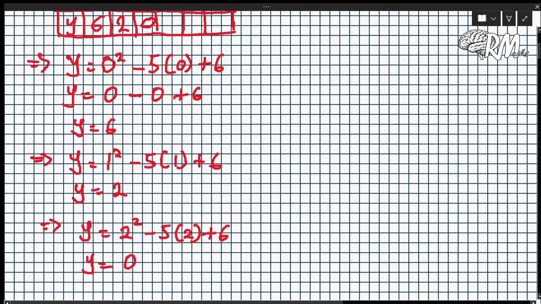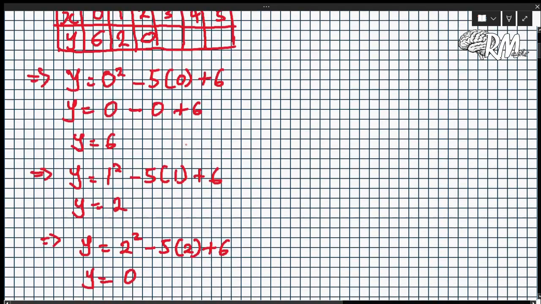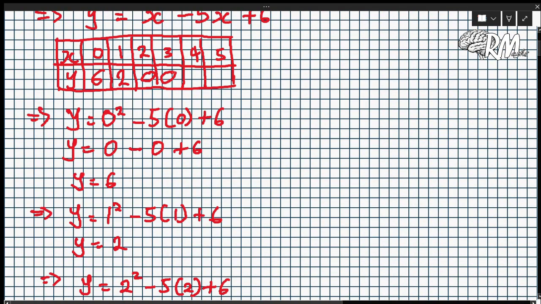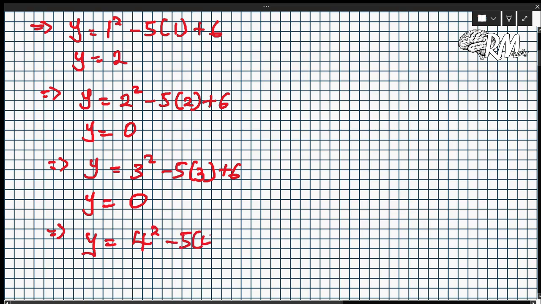So we'll go to the next one when x is 3. So I have y equals 3 squared minus 5 times 3 plus 6, and our answer gives us 0. So I'll go down and I'll put 0. So I'll go to the next one, when x is 4. So I have y equals 4 squared minus 5 times 4 plus 6, and my answer here is 2.